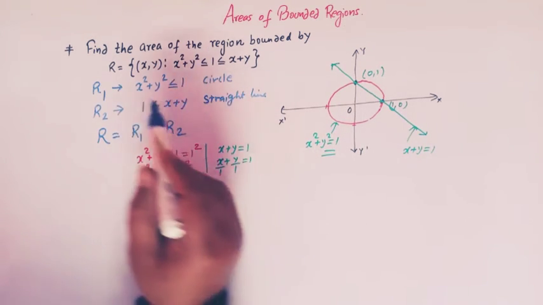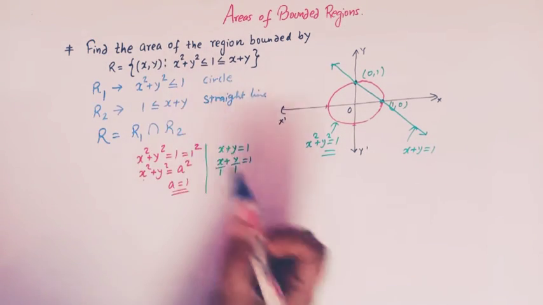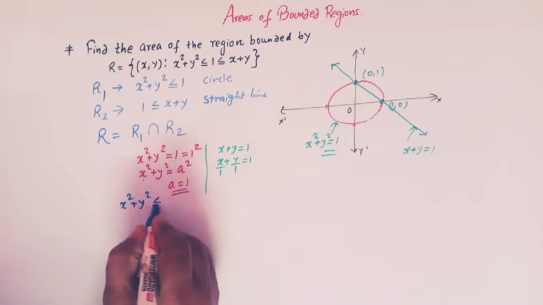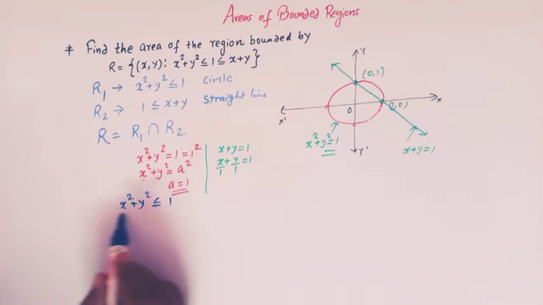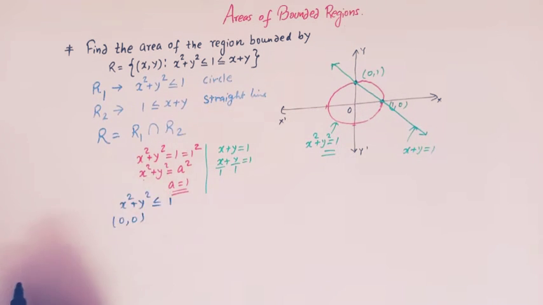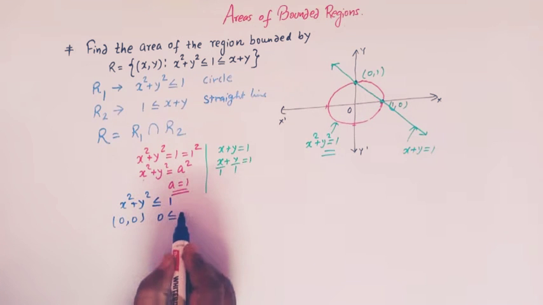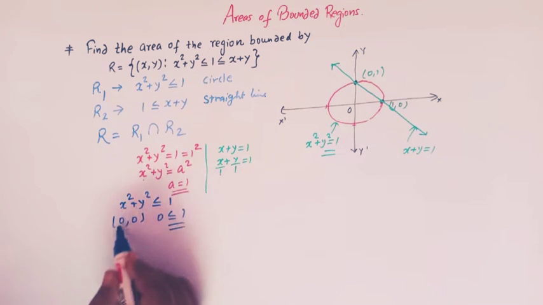So here we have x square plus y square less than or equal to 1, and from the theory of inequalities, we know that this point 0 comma 0 satisfies this inequality, since 0 is less than or equal to 1.